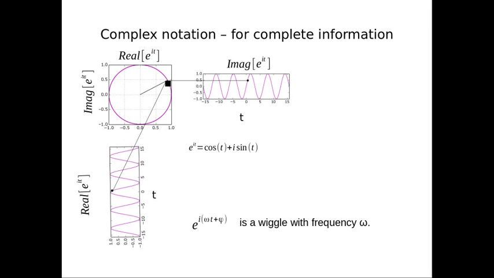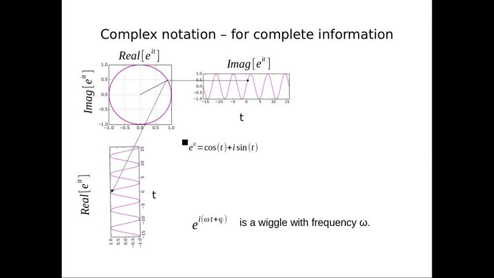And if you take the projection onto the real axis or the imaginary axis, this ends up tracing this sinusoidal pattern that you see here. So this is the real axis, and this is the imaginary axis here. And you'll see that these are the same sinusoidal functions that we saw earlier.